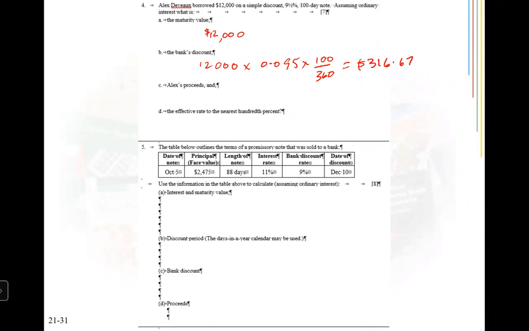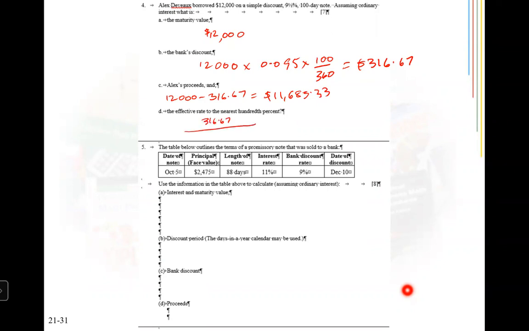So the proceeds, you would subtract that from the 12,000: 12,000 minus 316.67, and that gives you a total of $11,683.33.